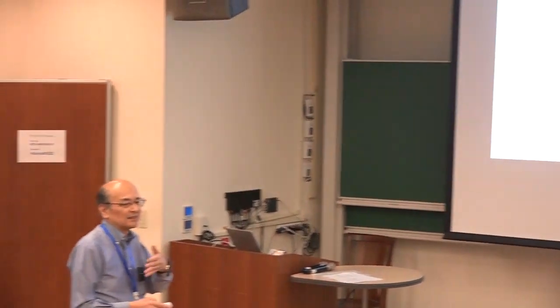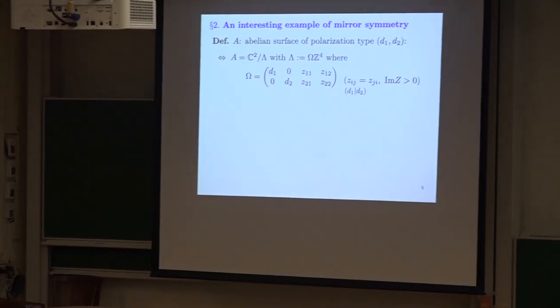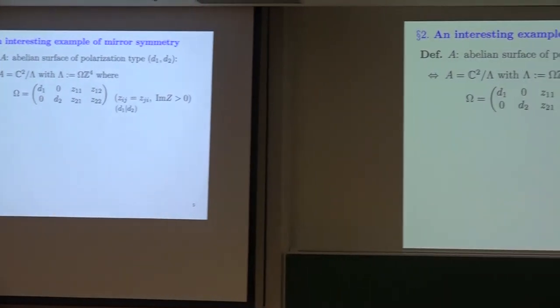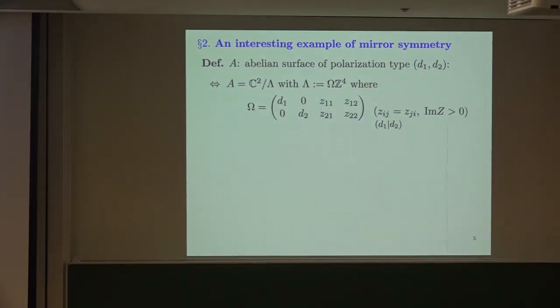For abelian varieties, the standard one is the principally polarized abelian surface, which comes from a genus 2 curve. From the viewpoint of constructing a moduli space which has a universal family, people naturally come to the level structure. D1 and D2 is the level structure.